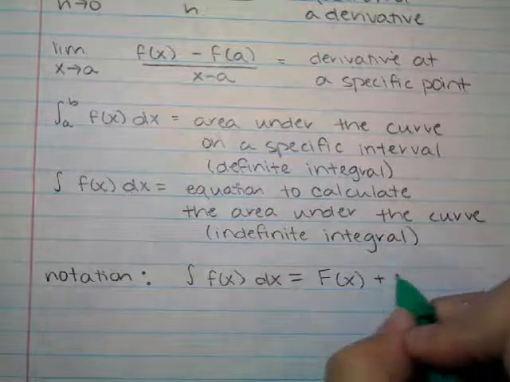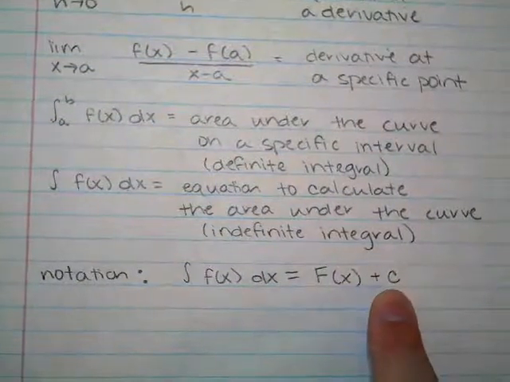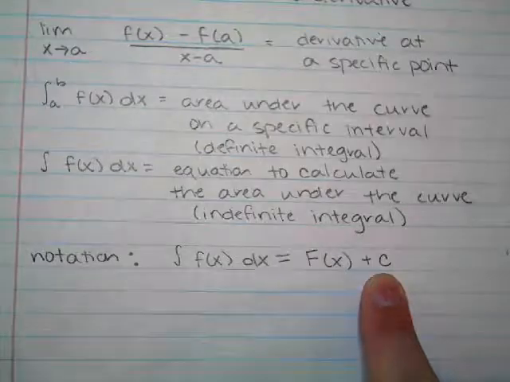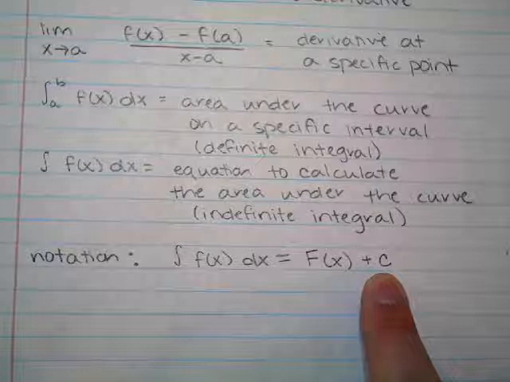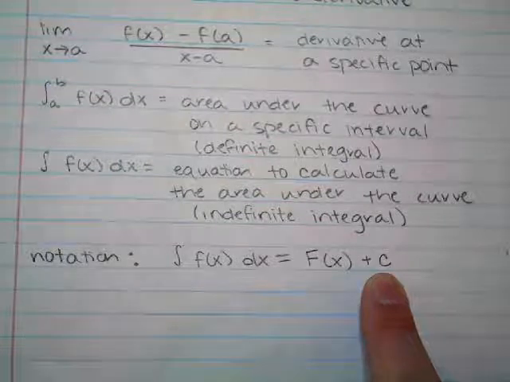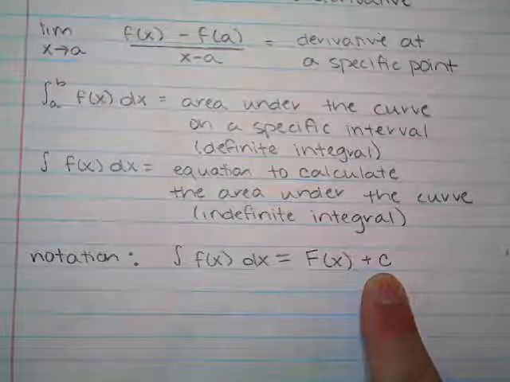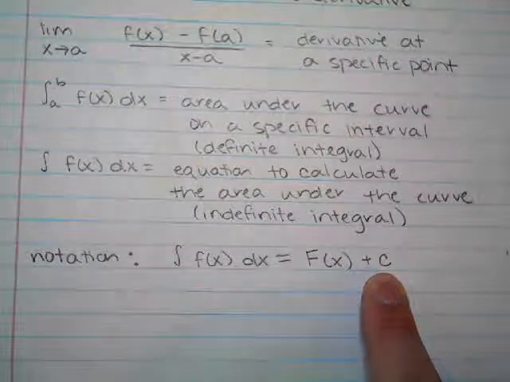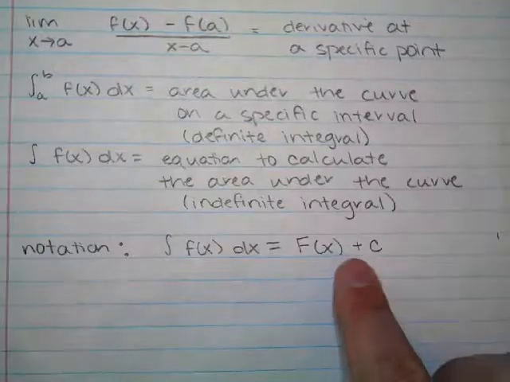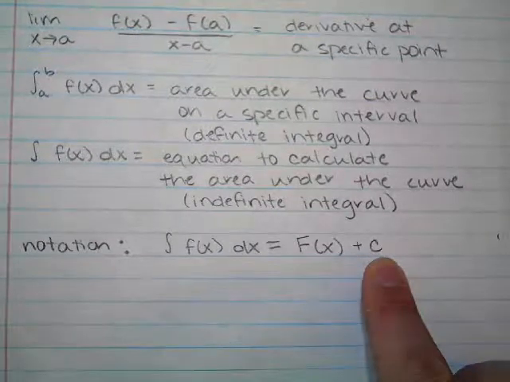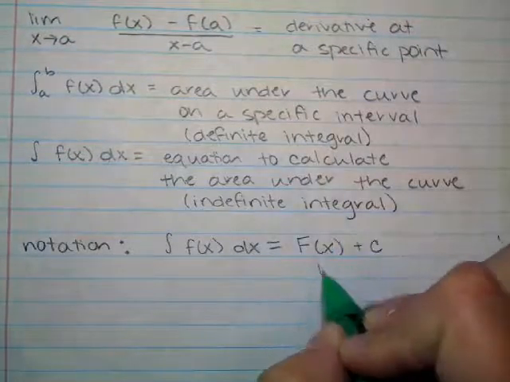And we say plus a constant because what happens when you take the derivative of a constant? You get 0. So when you take the antiderivative of something, we always say plus c because there could have been a constant there that when you took the derivative of it, it disappeared. So we always allow for a constant in the original problem. So this right here is the antiderivative.